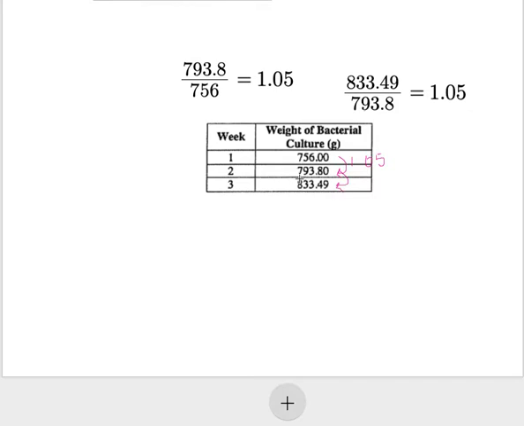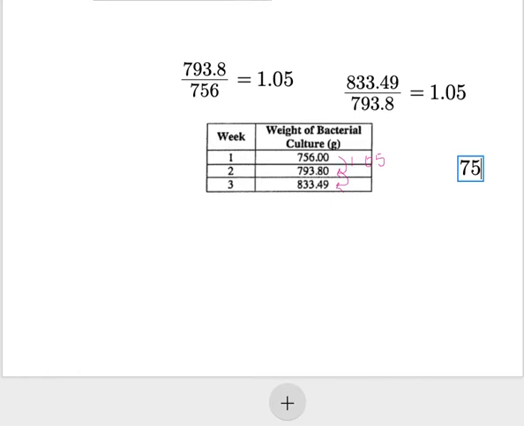Well, if each time I'm going up a week, for example, if I wanted to find week 4, I could do 833.49 times 1.05. If I wanted to do week 5, I could times that again by 1.05. So if I'm going to go the opposite direction, instead of multiplying, I would need to, that's right, you got it, divide.